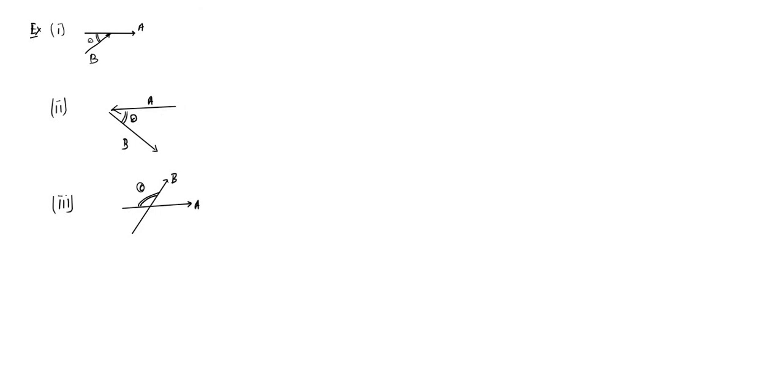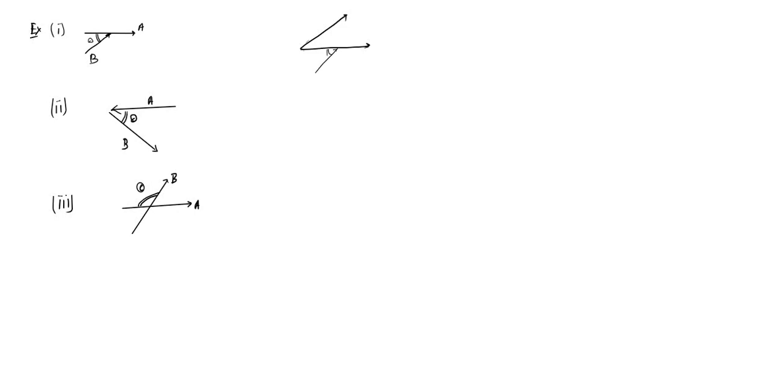Now let us consider these three examples, and in these three examples we need to find out angle between vector A and B in terms of theta. In the first example, if we join both the vectors from tail to tail, we will have this vector and this vector.